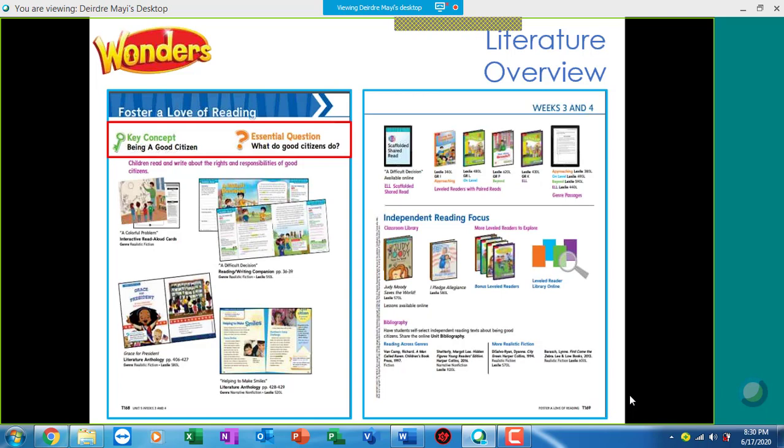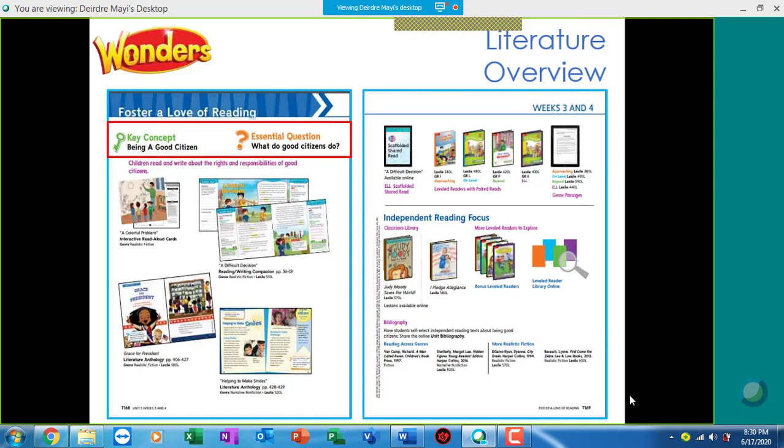The first is an anchor text. The second is a paired selection. So again, during whole group, students will be reading a shared read from the Reading Writing Companion, as well as an anchor text and paired selection within a hardbound collection of literature.